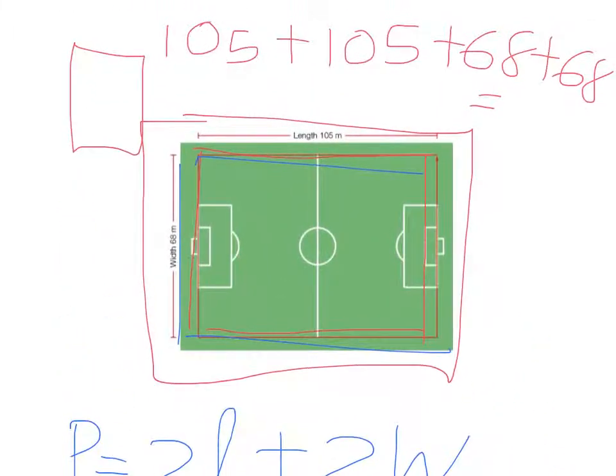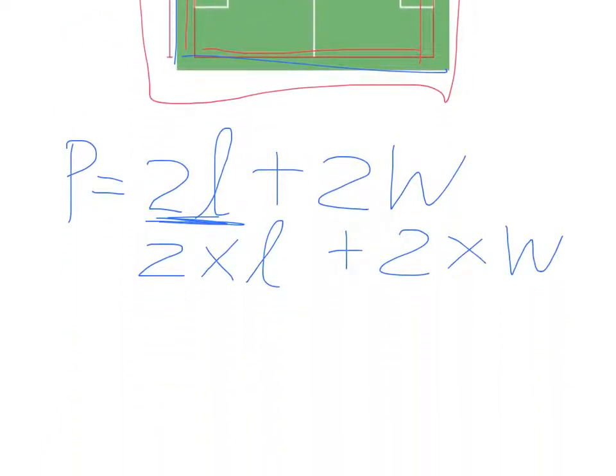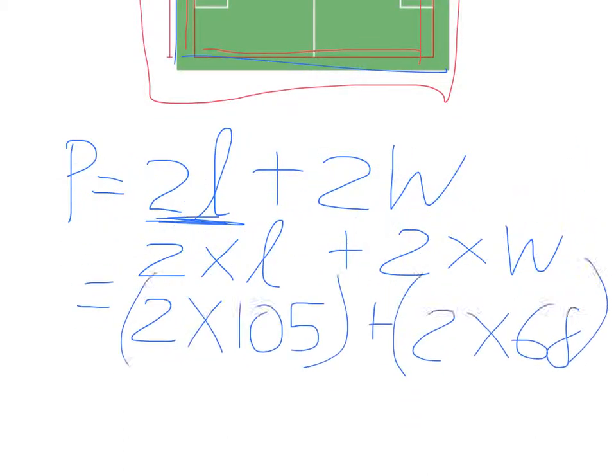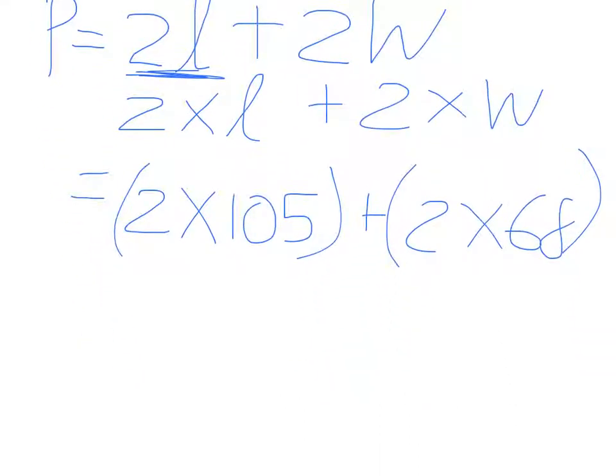And in this case, we said they were 105 and 68. So it would be equals 2 times 105 plus 2 times 68. And then underneath that, you would write down what that is.